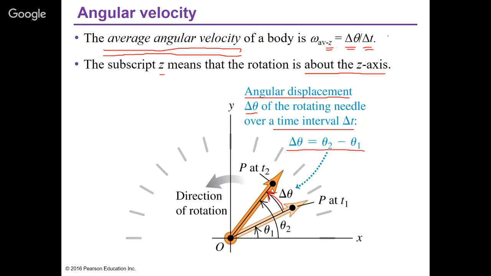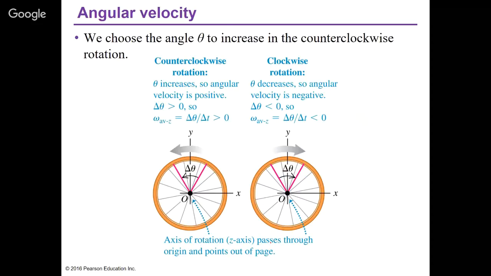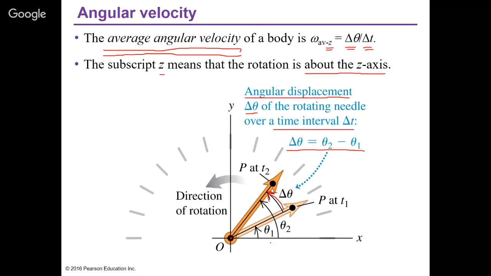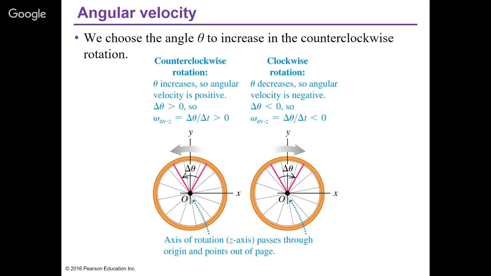Here, this axis is the z-axis, pointing out of the plane from this point. And when we talk about angular velocity, we choose the angle theta to increase in the counterclockwise rotation. This is just a definition.